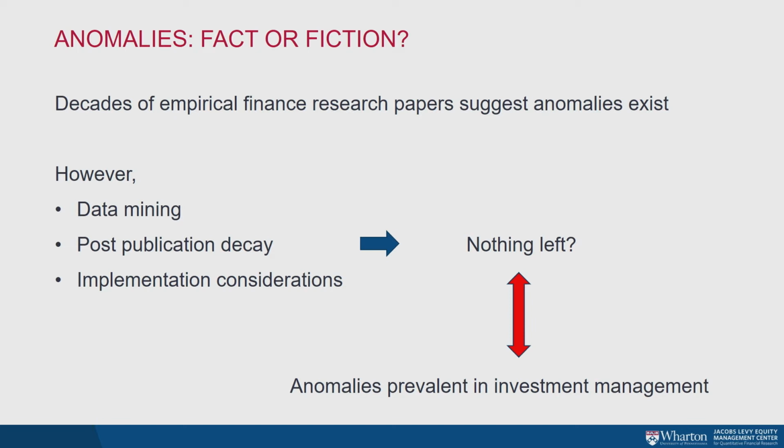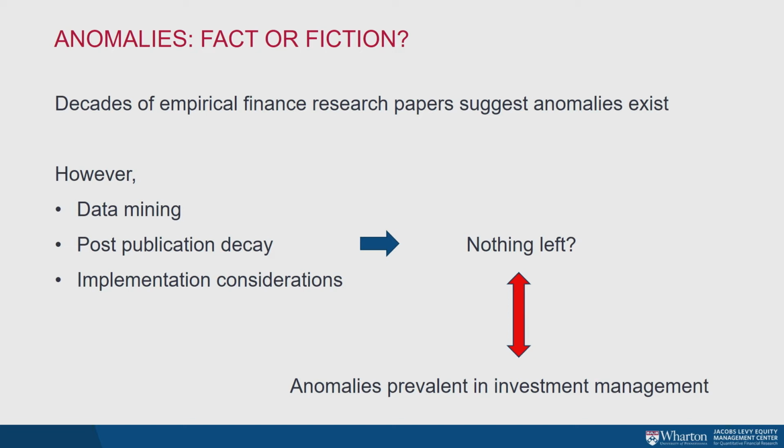But of course, over the last number of years in particular, a lot of people have been digging into the issues of, is this indeed just data mining? Is this all gone once it's published, in the public domain, and gets arbitraged away? Or is it so difficult to implement that after all, which is a little bit the conclusion, I think, from Andrew's paper, there isn't really anything left to take advantage of.